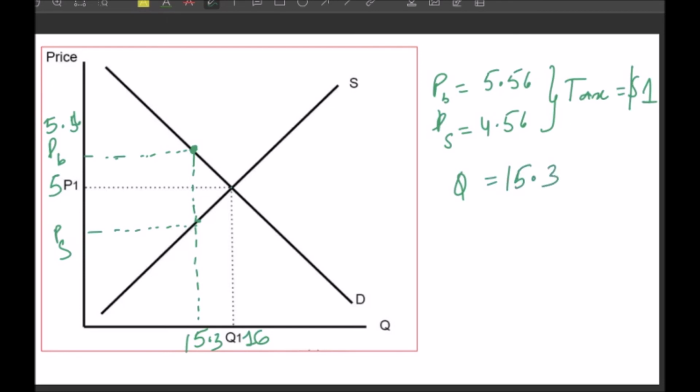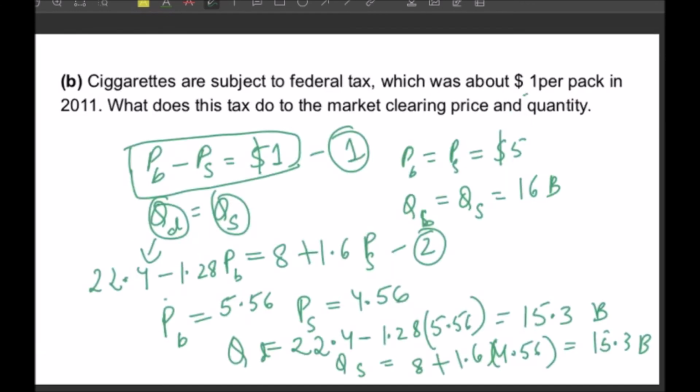Hence the market clearing price has increased to 5.56 from 5, and the quantity has reduced from 16 to 15.3 billion.